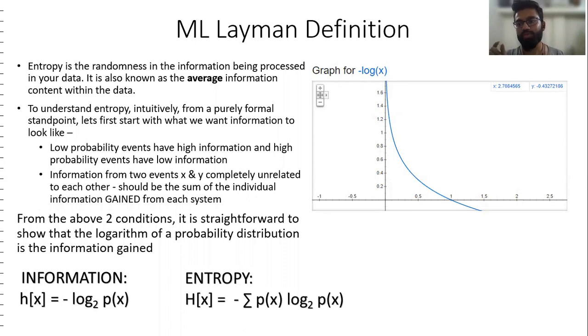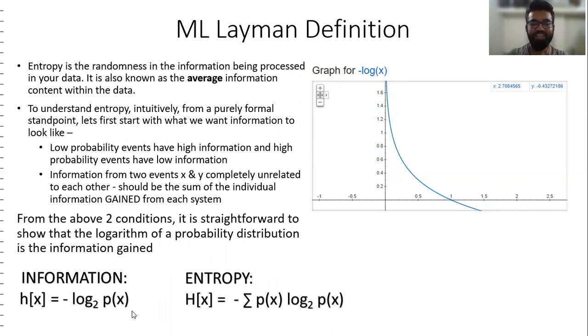When you take the logarithm to the base of 2, we denote it via bits because you have a 0 and 1. If you take it to the base e, which is 2.718, then that is called nats. And if you take it to the base 10, then you just have digits over there, the decimal system.